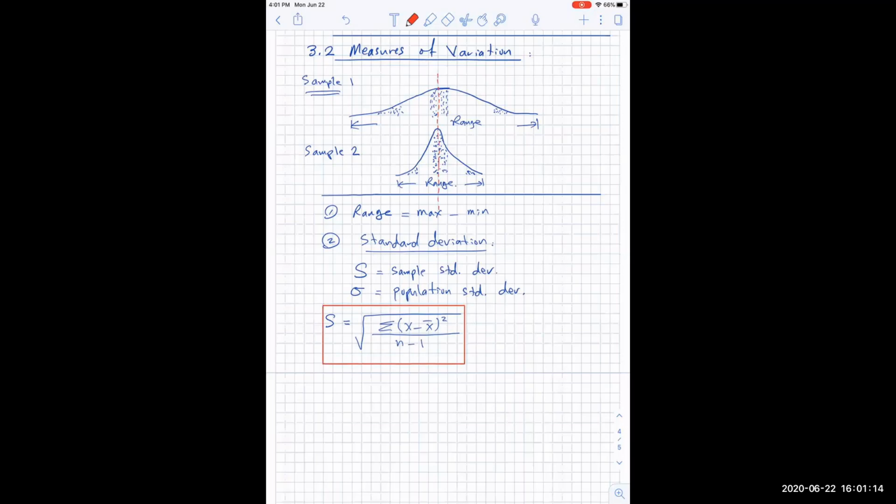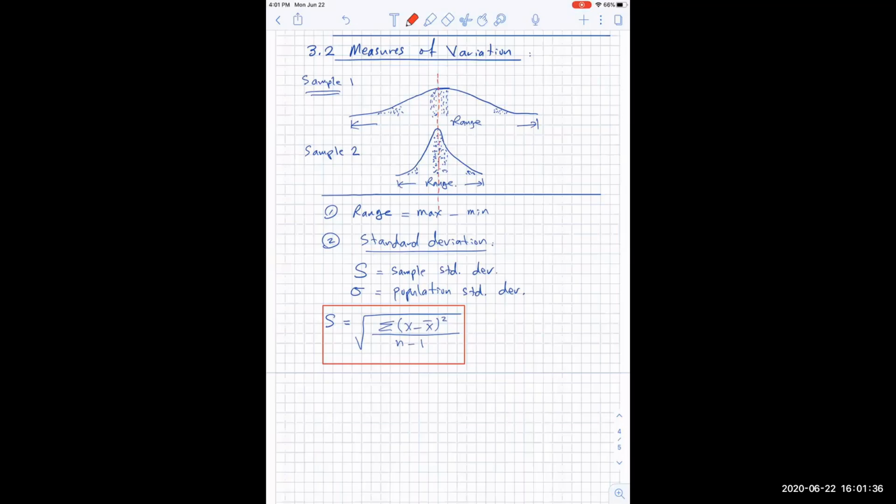If you have sample data, then this formula gives you the measure of the spread of your data, whether it's a narrow sample that has data values very close to each other, or whether the sample has data values that are widespread from each other.